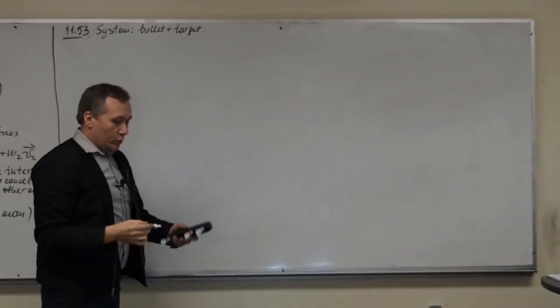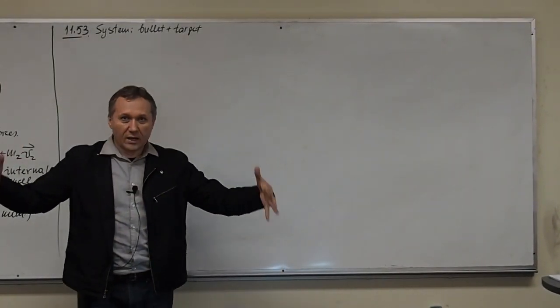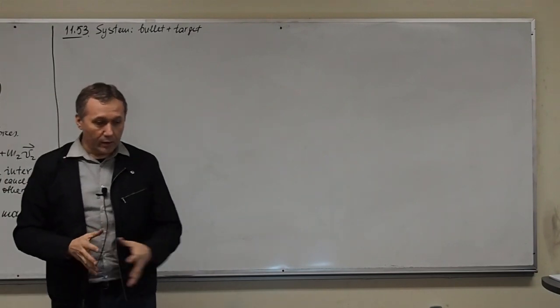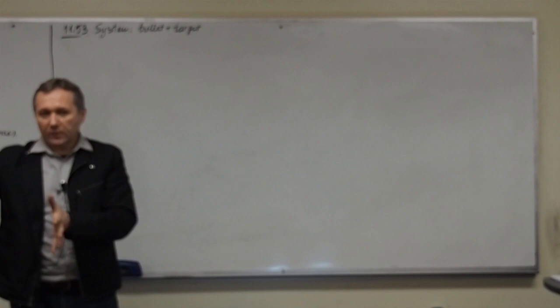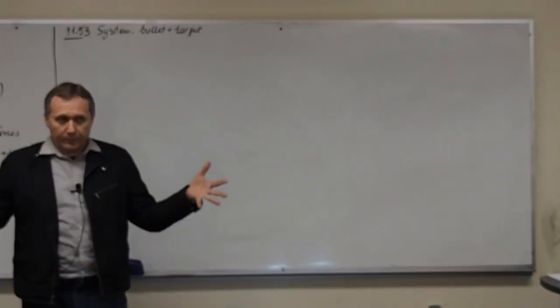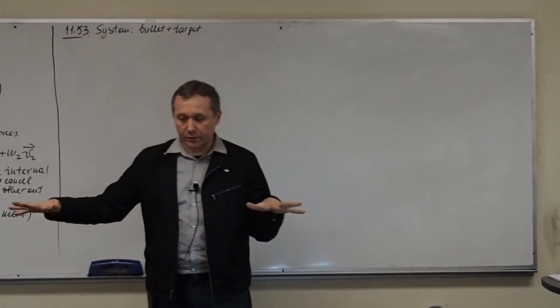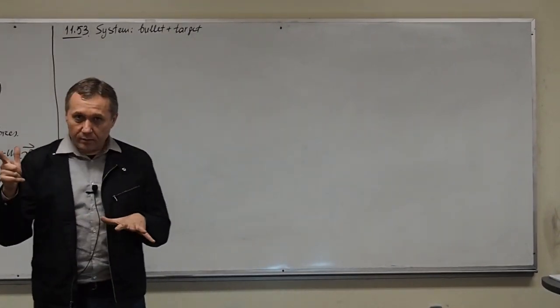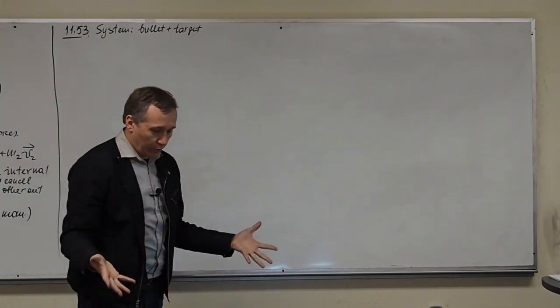So what's the physical situation? We have a massive wooden block, much heavier than the mass of the bullet, stationary on some frictionless surface, for example, on the surface of ice. So no friction. The surface is very smooth. Then you take and fire a bullet into that wooden block.